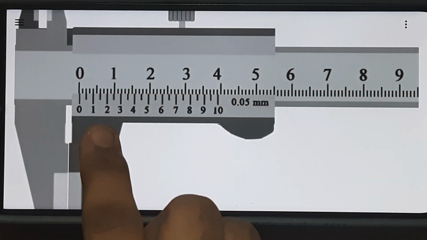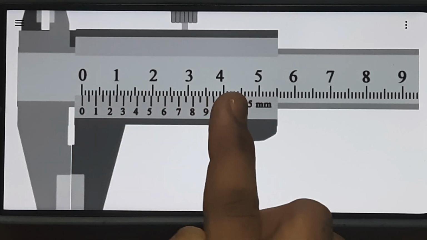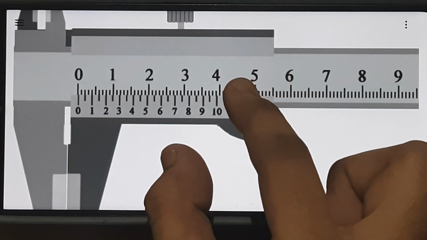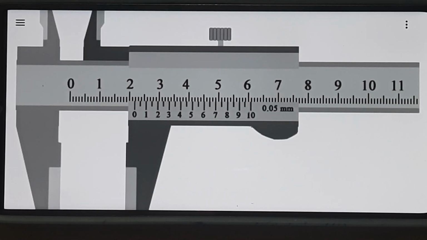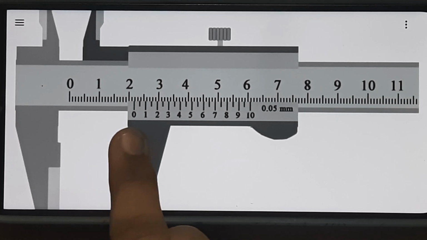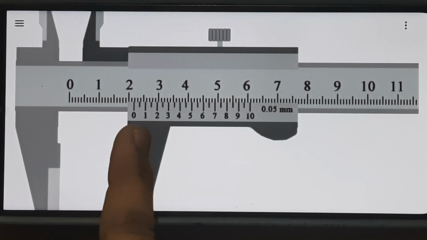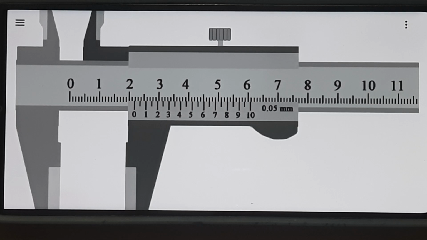This is the main scale, and this scale, which consists of very small divisions, is the Vernier scale. The place where the zero of the Vernier stops on the main scale is your main scale reading. Suppose here the zero of the Vernier scale stops between 2.1 and 2.2 on the main scale. Now the main scale reading, that is MSR, will be 2.1.